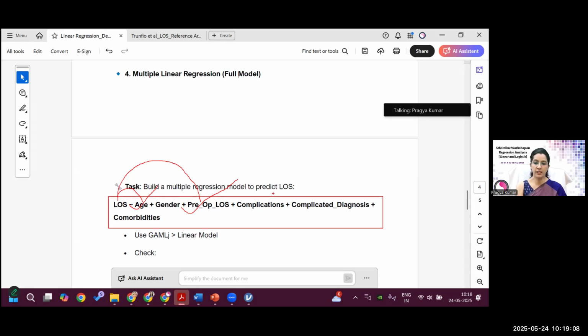With categorical variables like complications, complicated diagnosis or comorbidities, how can you see whether they are important? You perform the independent sample t-test in the descriptive, and see the mean length of hospital stay, because length of hospital stay is a continuous variable.